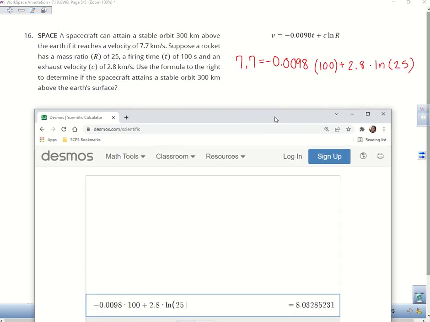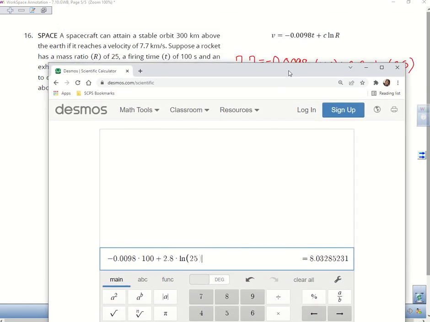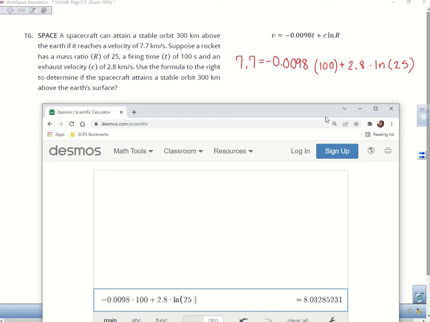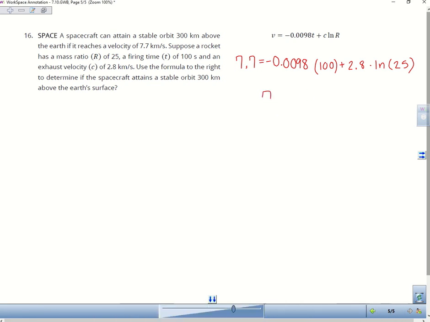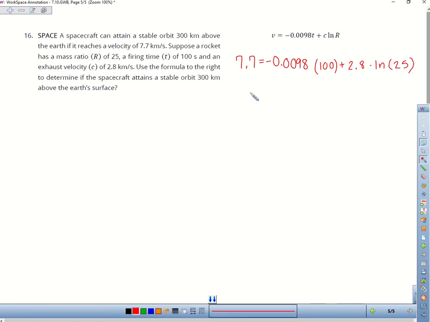So in that case, we actually reach a velocity of 8, right? So we needed the velocity to be at least 7.7. Has it exceeded that? So the velocity is at 8.03 kilometers per second. So will it reach that height?